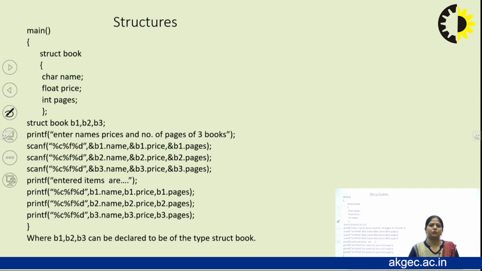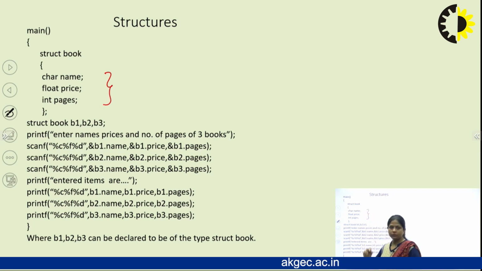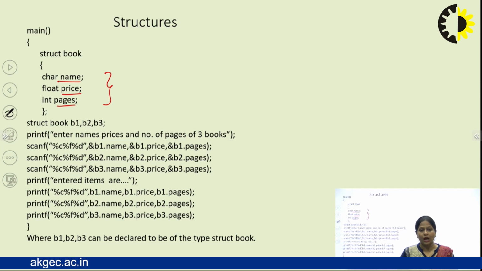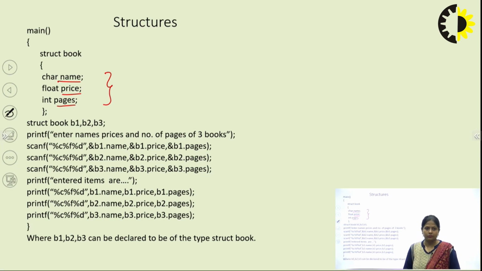While using structures, we can easily create a complete record of a book. For example, I am taking 3 structure elements: one is name, one is price and one is pages. We are going to declare a data type of our choice, right?